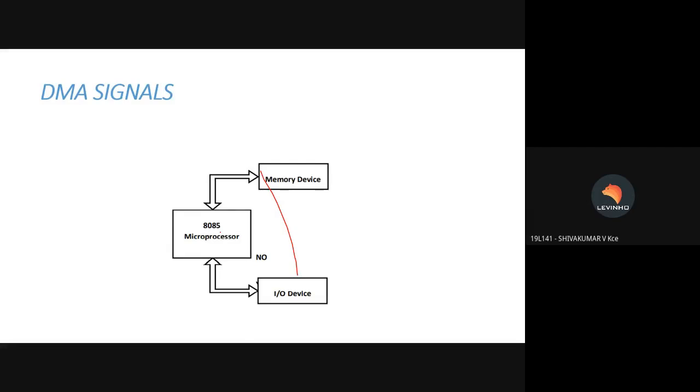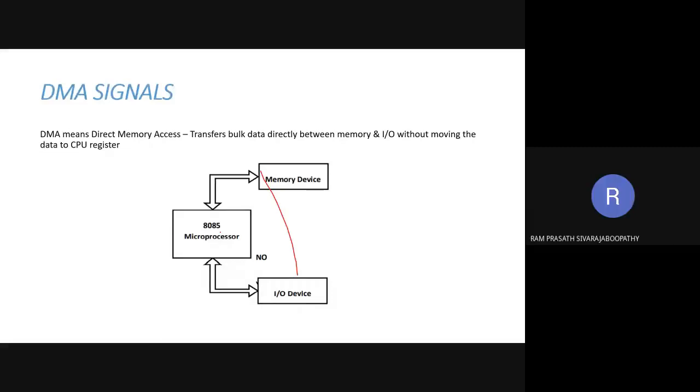To overcome this, we have a solution called direct memory access. Direct memory access means we can transfer a large amount of data from memory to IO without the interruption of the CPU register. It means transferring the data directly from memory to IO device so that the CPU remains in the idle state or else hold state.